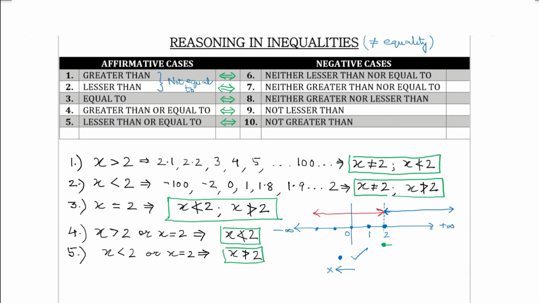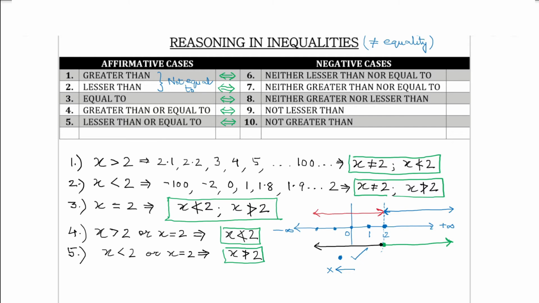I'll use a ray, keeping in mind that this point was 2. And last but not the least, if I am supposed to represent x is less than or equal to, in that case, again an arrow in the opposite direction.